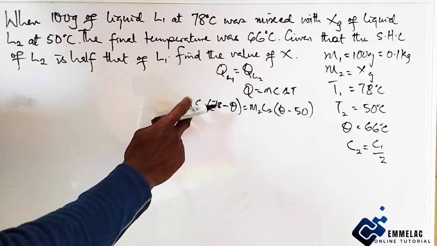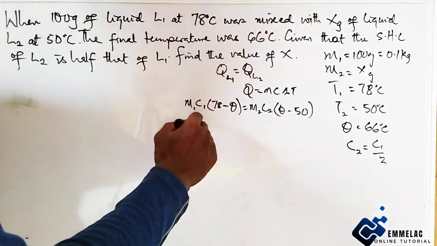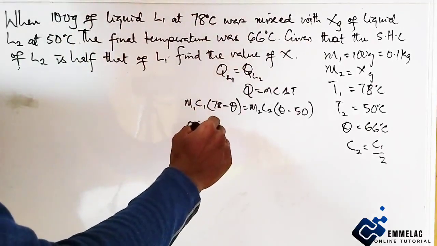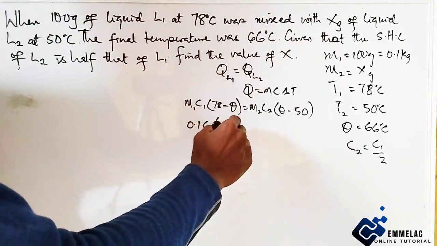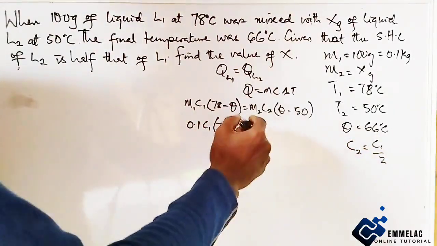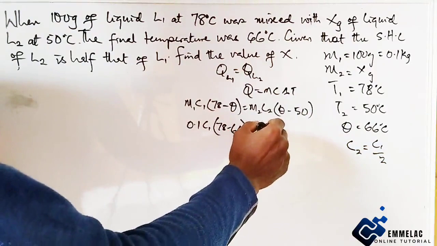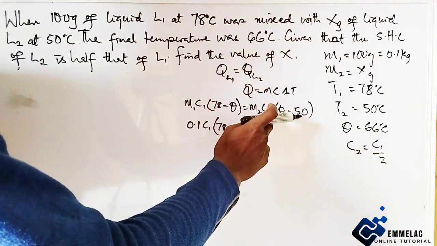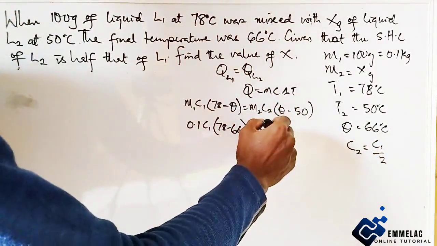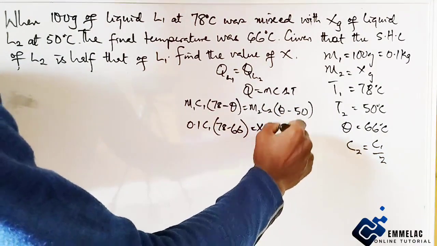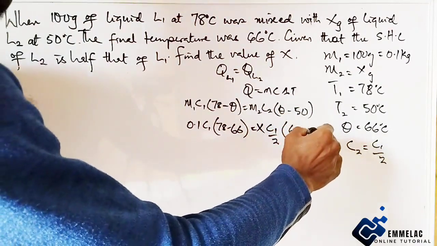So our mass here is given as 0.1, C1, 78 minus 66, which is the final temperature given, then X. Now C2 here is given as C1 over 2, then 66 minus 50.